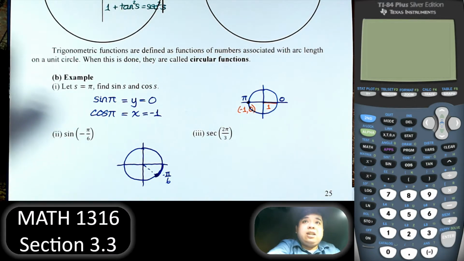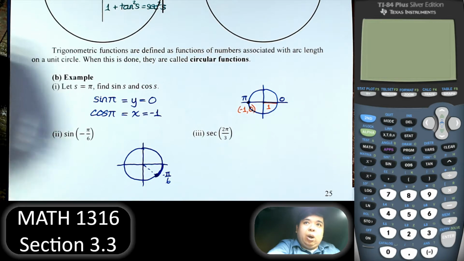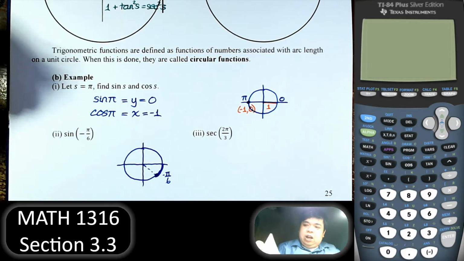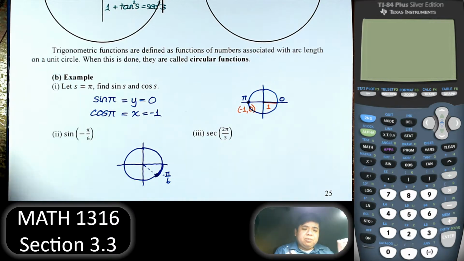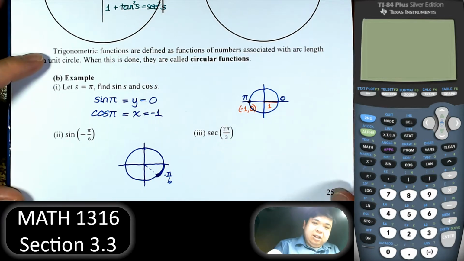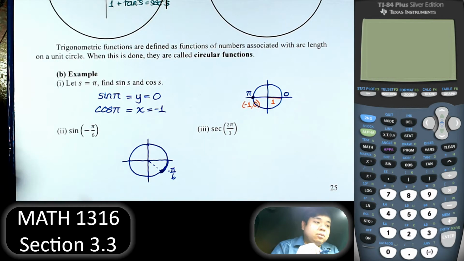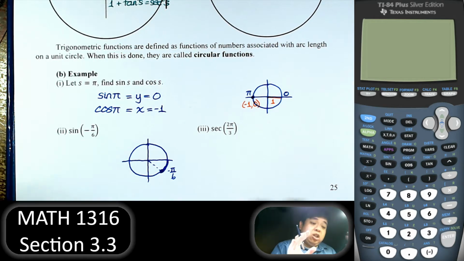So notice that, remember, we did something in the previous section, right? So pi/6. So how do we do that? Do you remember the reference angle? So when we have -pi/6, what is the reference angle? In the next part of the section we'll do that, but it will be just pi/6.